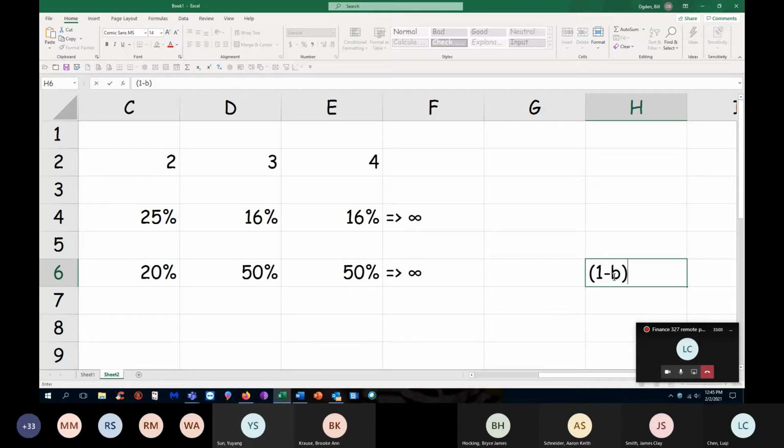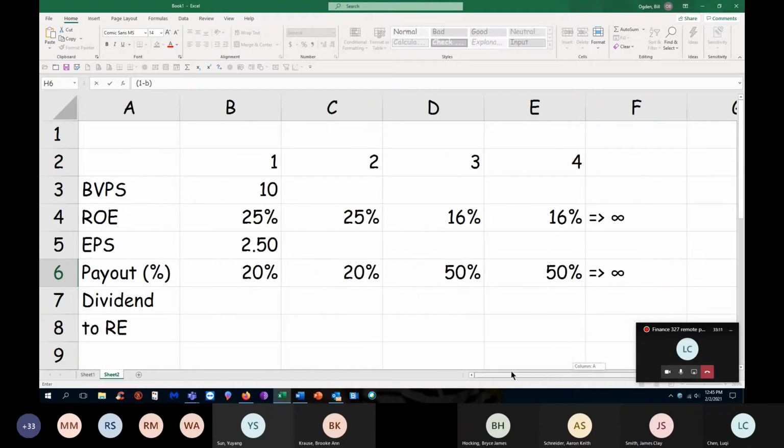Remember, this earnings have only two homes. It's either paid out or plowed back. So if we're saying that we are paying out 20%, we must be plowing back 80%. Okay. So what's our dividend? It's going to pay out 20% of the 250.